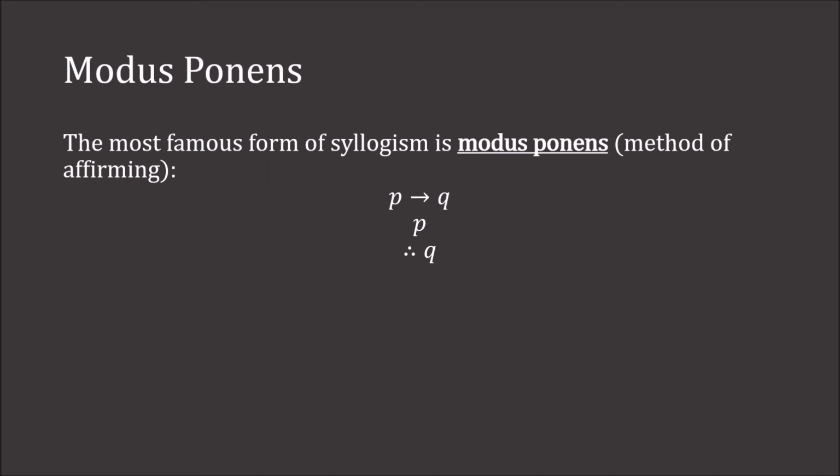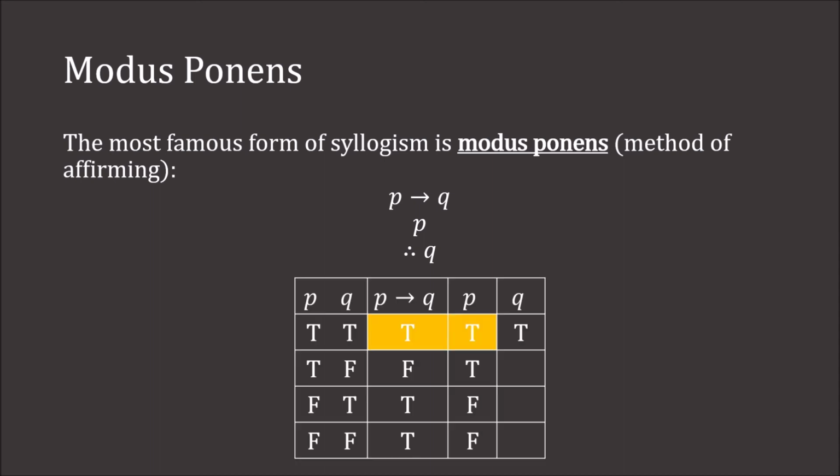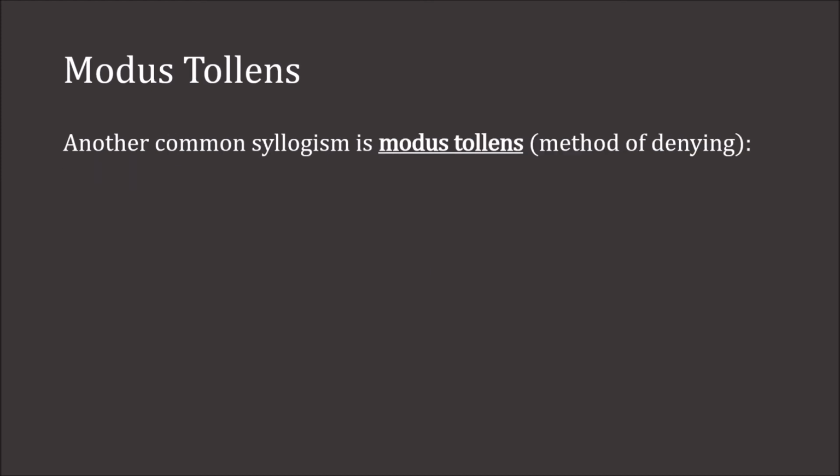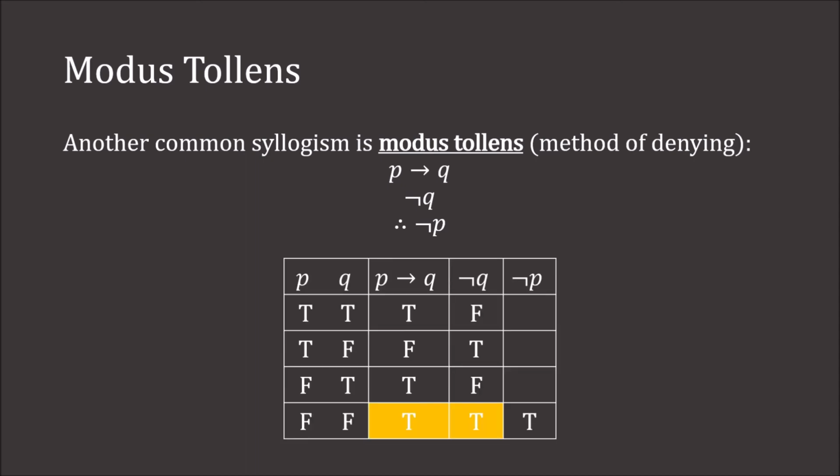It has the form: if P then Q, P, therefore Q. Notice again that this is the exact form of the Socrates argument. And here's a truth table confirming that it is valid. The second common type of syllogism is Modus Tollens, Latin for method of denying. It has the form: if P then Q, not Q, therefore not P. And again, here's a truth table showing that this is valid.